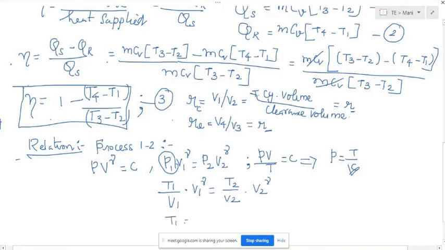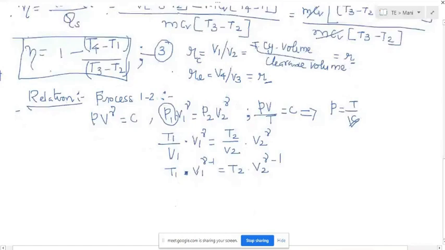So here T1 into V1 power gamma minus 1, since moving from the denominator to the numerator gives minus 1, equals T2 into V2 power gamma minus 1, right? From this we can form the equation T2 equal to T1 into V1 divided by V2 power gamma minus 1.